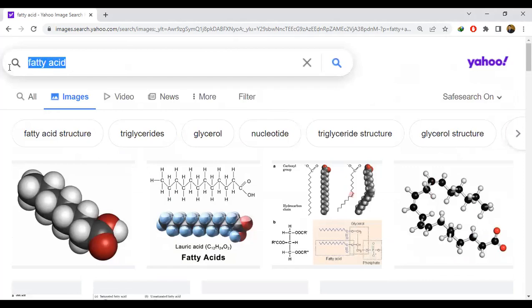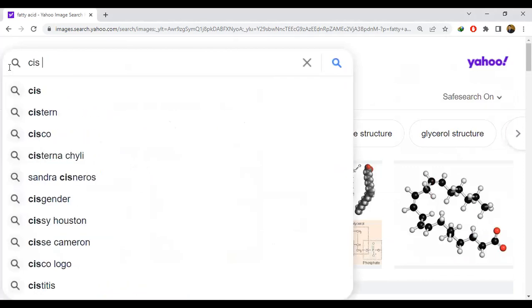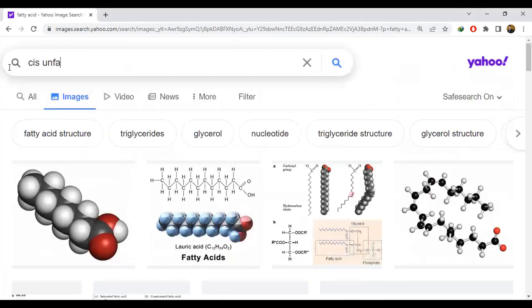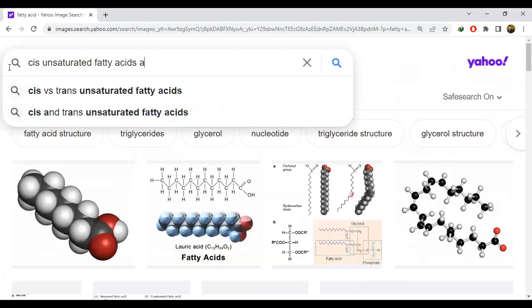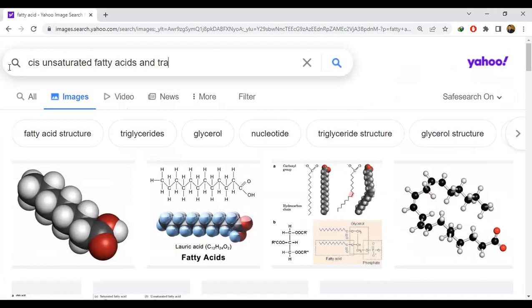Right. Now, my children, we are coming to cis unsaturated fatty acids and trans unsaturated fatty acids.